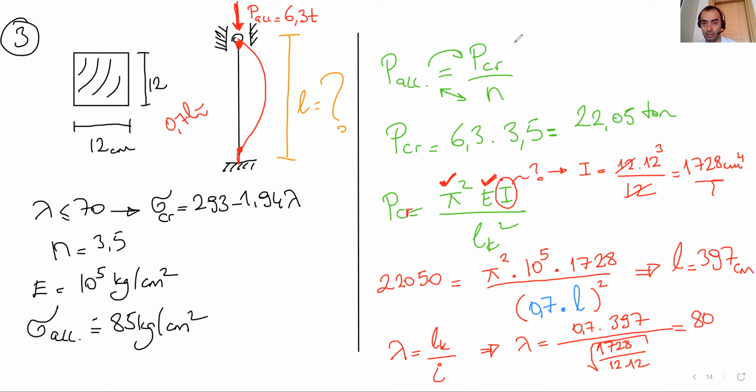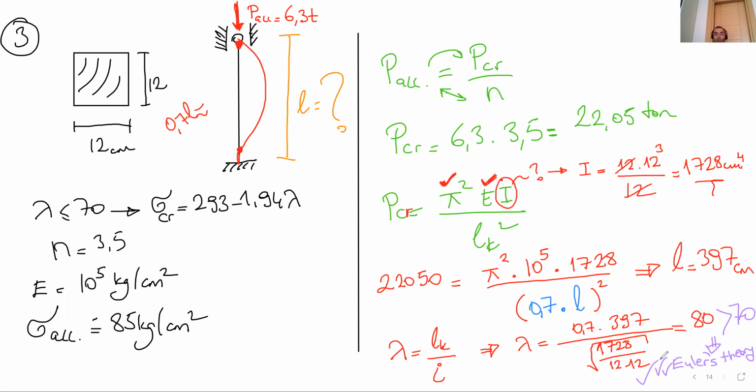Is it greater than the given limit? Yes, it's greater than 70. So Euler's theory is okay. We did a good job. If we made a calculation here and got lambda of, for example, 50, at that time our solution is wrong.